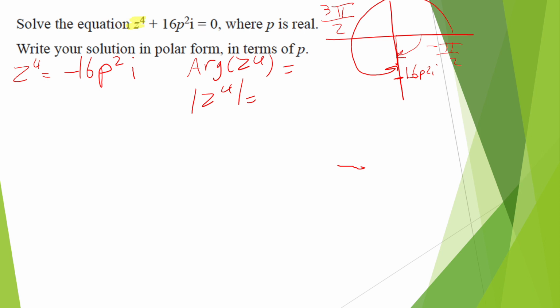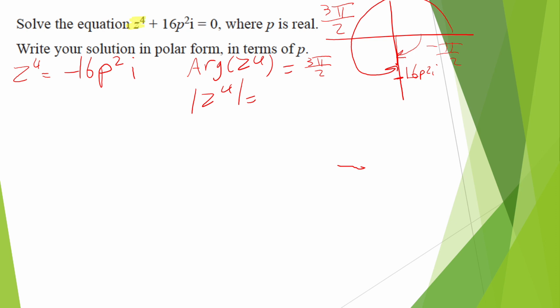So it's either clockwise, negative pi over 2, or anti-clockwise, positive 3 pi over 2. Whatever you choose, I'm going to choose 3 pi over 2. If you remember that, then you will always take that angle.